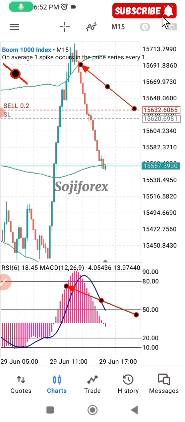Then condition number two, for a sell of boom: we want to see a close of at least 3 candles from outside the Bollinger Band where price went to. In order, we want price to return inside and close by 4 candles, and you can see 1, 2, 3, 4. And this candle must be a bearish candle. If you have a pin bar, do not count the pin bar as part of the candles.